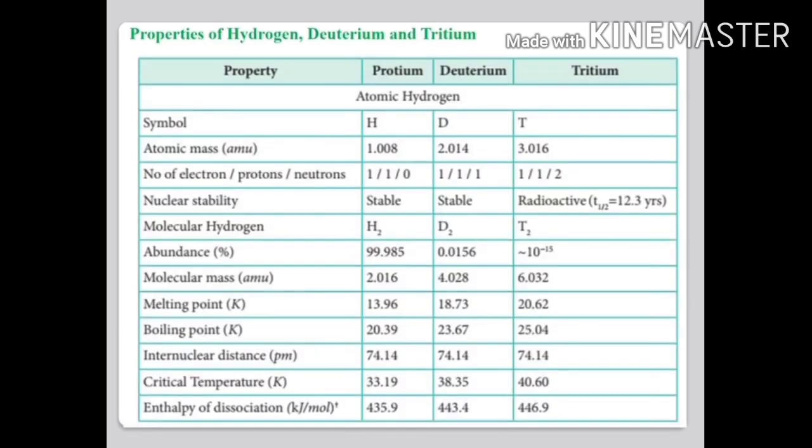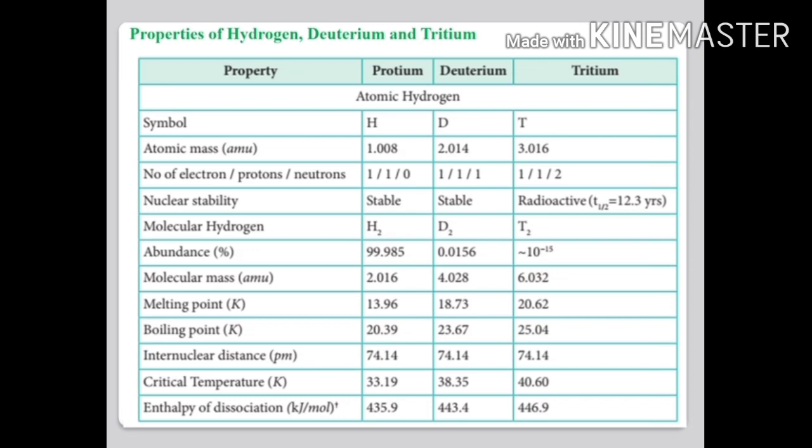Now we are going to compare the properties of hydrogen, deuterium and tritium. Symbol H for protium, deuterium represented by D, tritium T. Atomic mass of protium 1.008, deuterium 2.014 AMU, tritium 3.016 AMU.